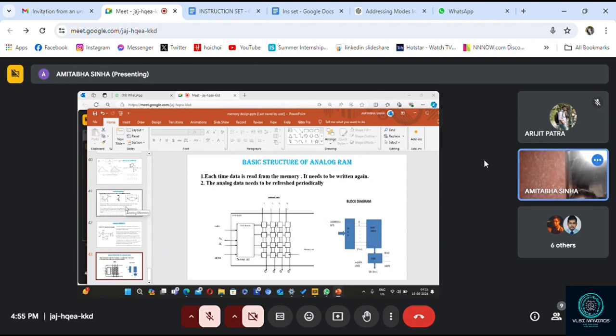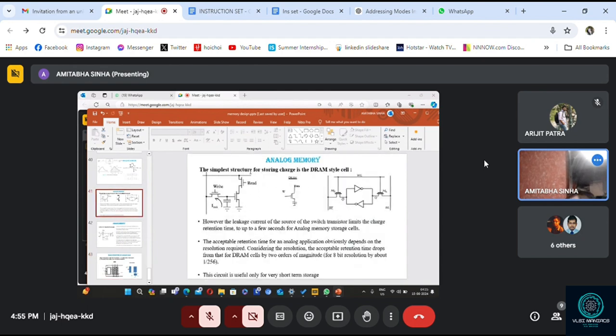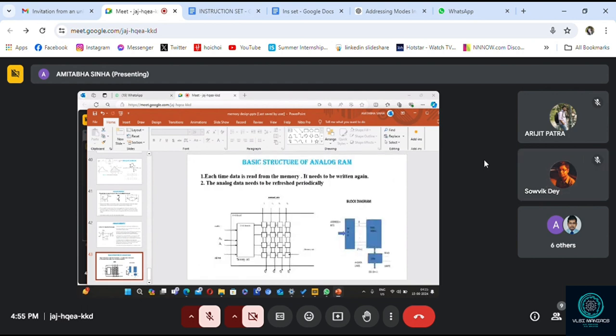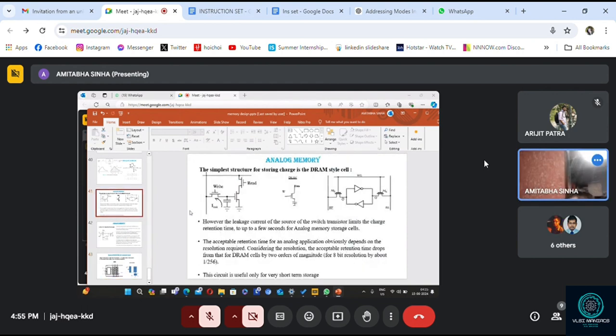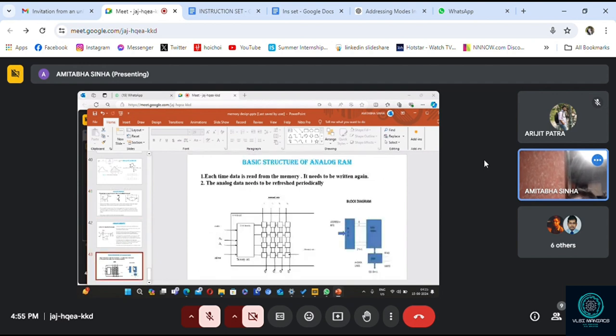That diagram we have shown: one capacitor, transistor, all will be there. This is a 1-bit cell, or rather one sample cell. We are used to saying bit for digital, but since it is analog, one sample will be stored. So instead of 4, only one cell will be there. Forget about the other 4.